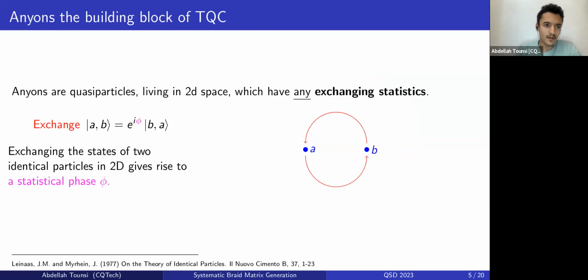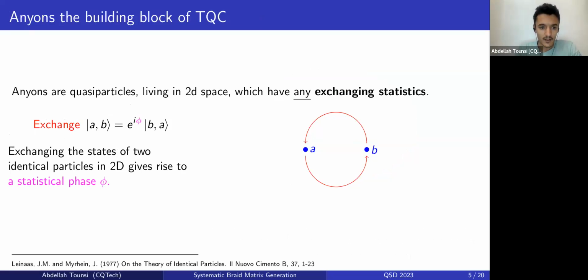In physics, we know that topology can emerge in anyonic systems. Anyons are quasi-particles which have exotic statistics. What do we mean by statistics? In physics, statistics is the mechanics of exchanging or swapping two identical particles of the same or different states.